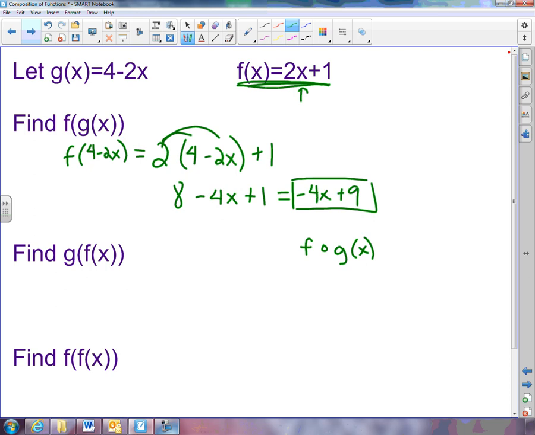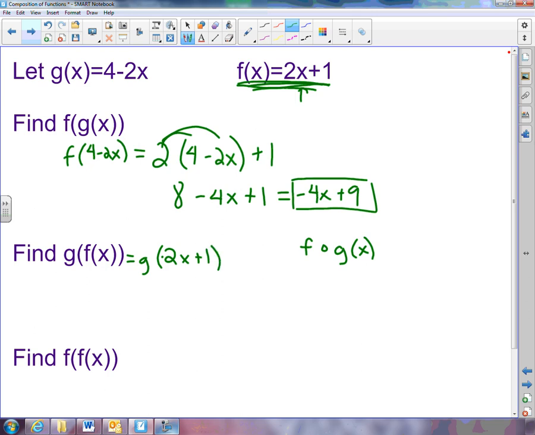So now let's try this one. Now we're going to be doing it the other way. We're going to do g of f of x. So we're going to take g and we're going to be plugging the function f of x into it. We're going to be plugging f of x into it. So here I have 2x plus 1.